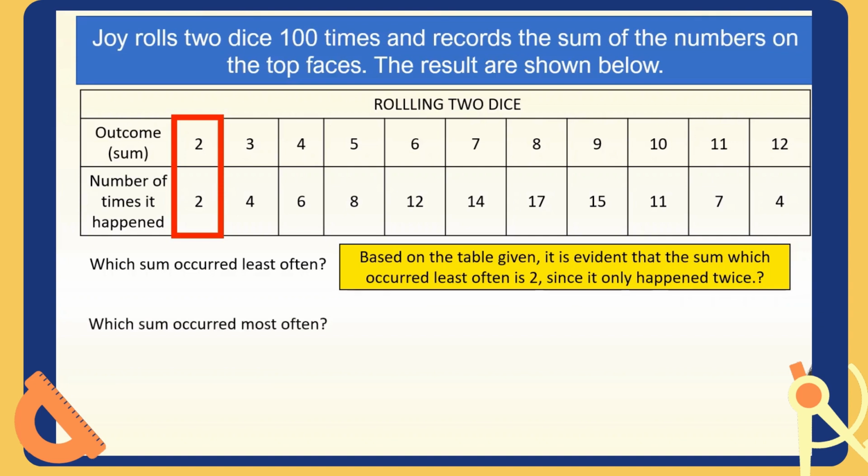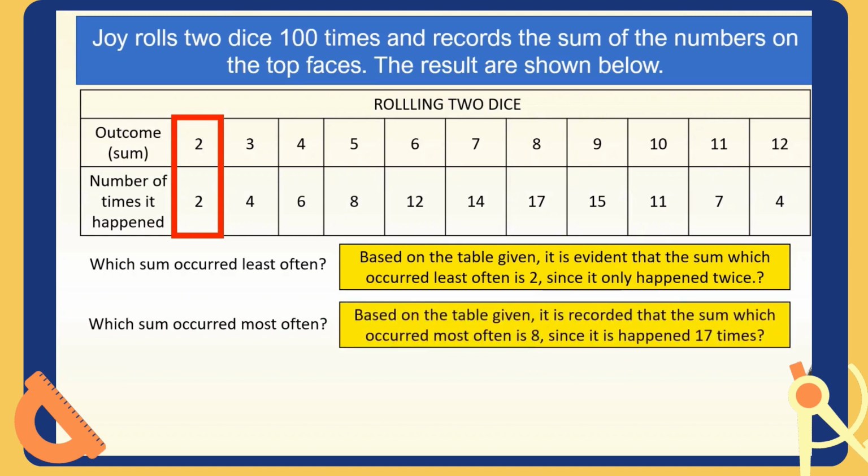And the next question is, what sum occurred most often? Yung mas marami na mga try na ginawa at mas marami ngang lumabas na sum. At ito ay, based on the table given, it is recorded that the sum which occurred most often is 8, since it happened 17 times.